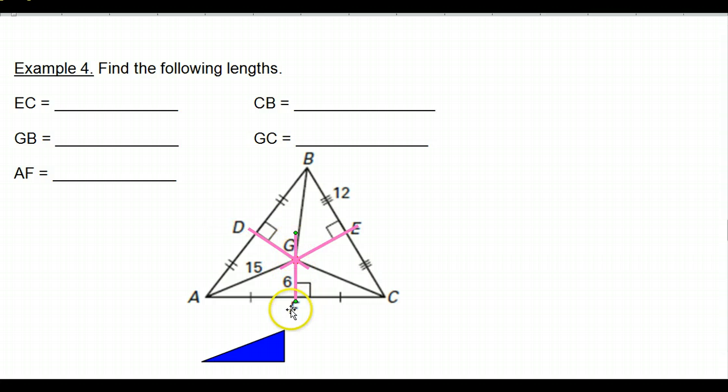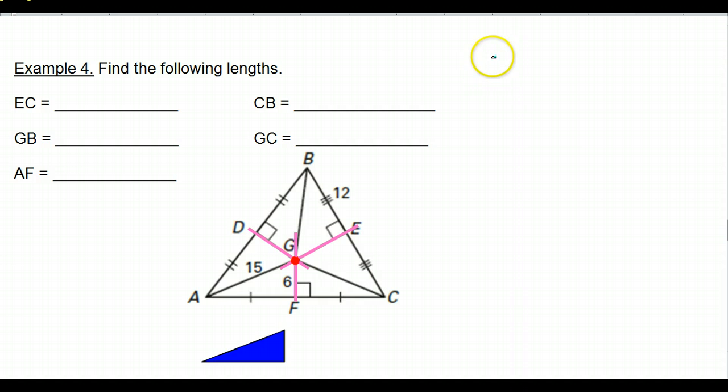What about this last one, FG? Is this a perpendicular bisector? And yes, once again, this is a perpendicular bisector. You see it's perpendicular and it splits AC in half. Look at the markings. So, these pink lines are all perpendicular bisectors. So, when perpendicular bisectors meet, they do meet at the circumcenter.